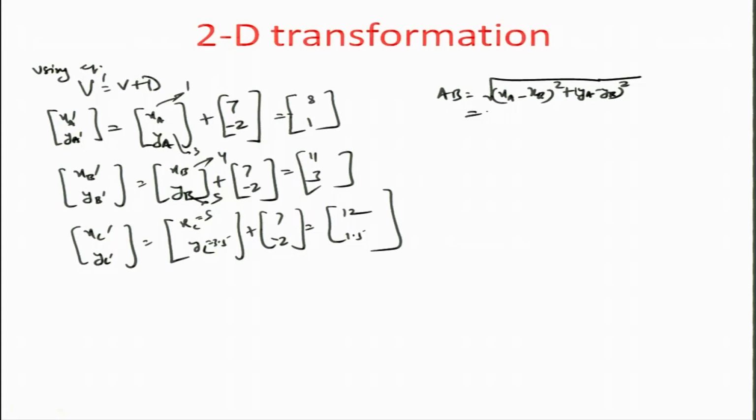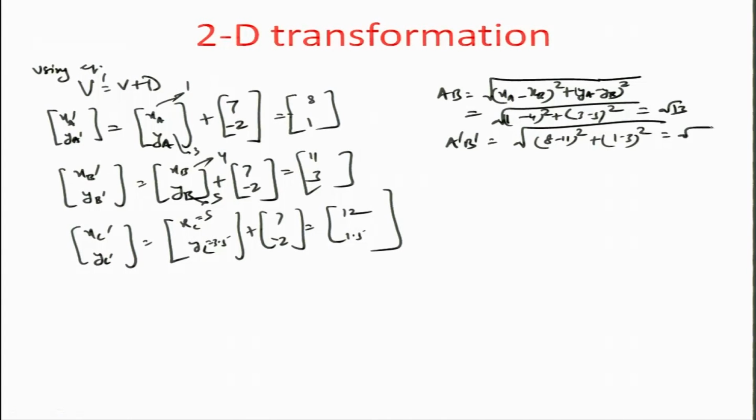This indicates the distance between the points A and B, and this comes out to be equal to 1 minus 4 square plus 3 minus 5 square, in other words root of 13, and similarly a dash b dash equals 8 minus 11 square, the new values, plus 1 minus 3 square, which again becomes equal to root of 13.